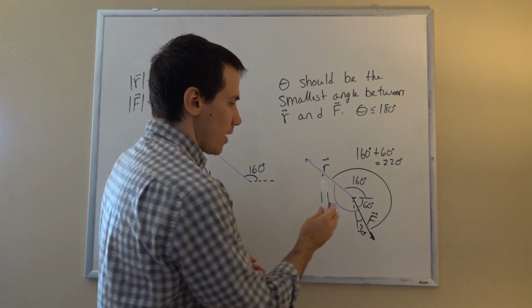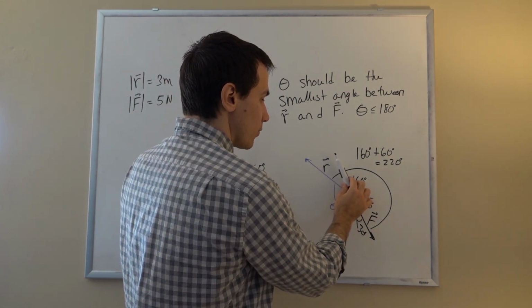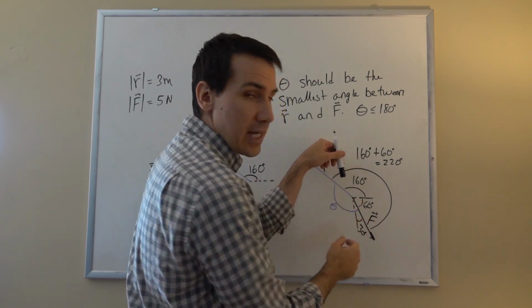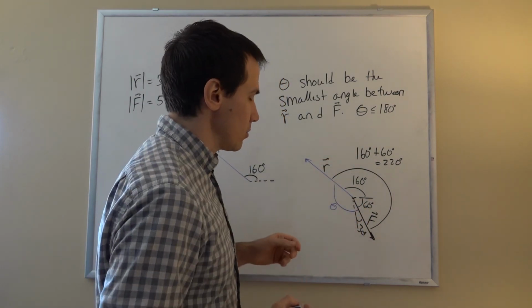So if my r vector goes over 180 degrees, then the angle on the other side becomes less than 180, and that's what we're interested in.